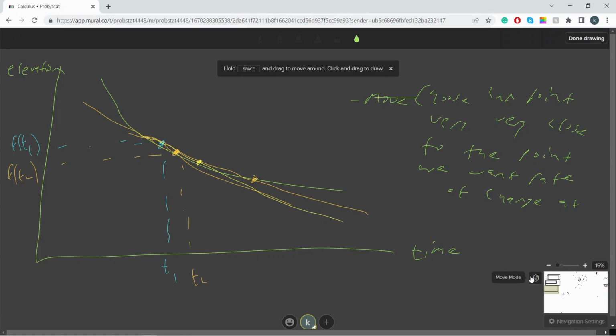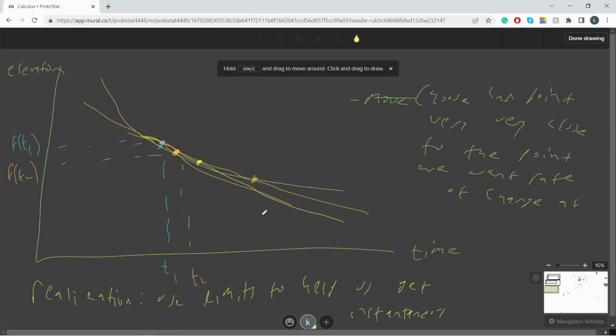wait a second, can't we just use the limit to kind of figure out what is this instantaneous rate of change in elevation at this blue point? And the answer is yes. So let me write this in yellow. So the realization is, use limits to help us get instantaneous rate of change.